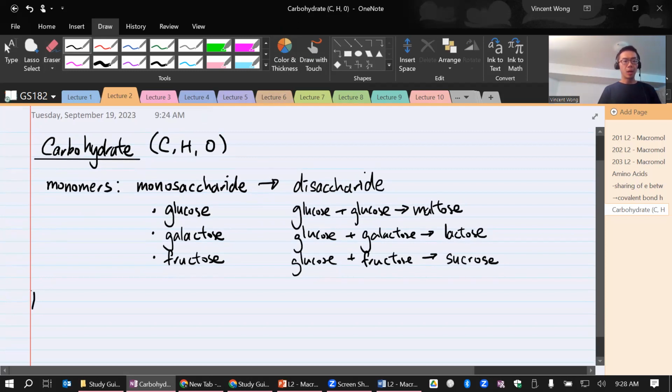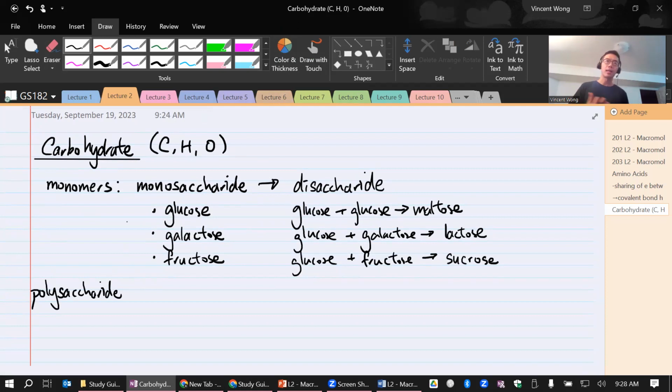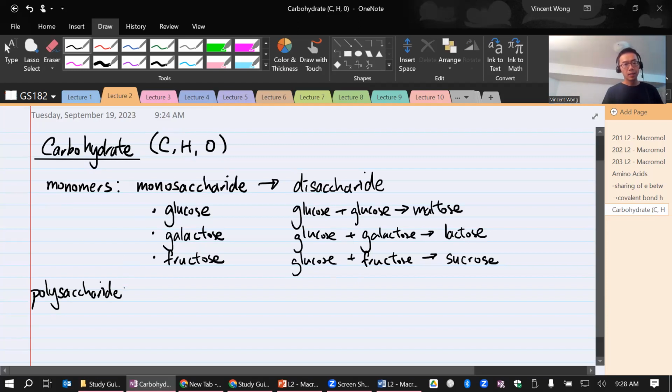And then we have the polysaccharides. There are different kinds of polysaccharides, but the ones we've done in class are made up of glucose, or in the case of chitin, modified glucose. So help me out if you would.